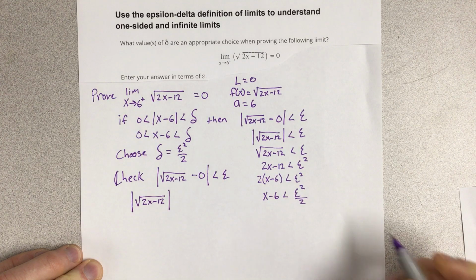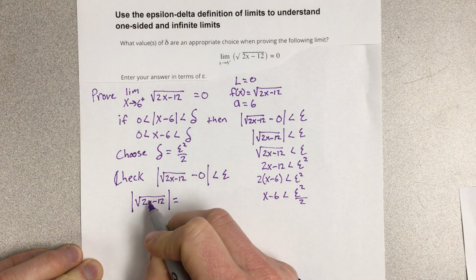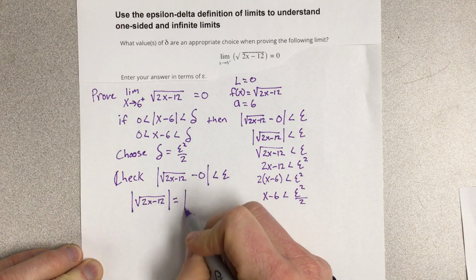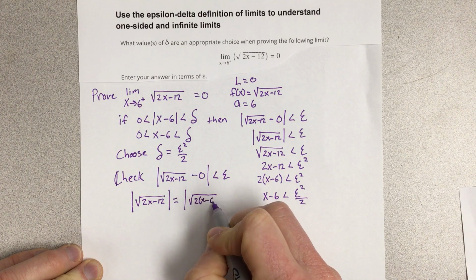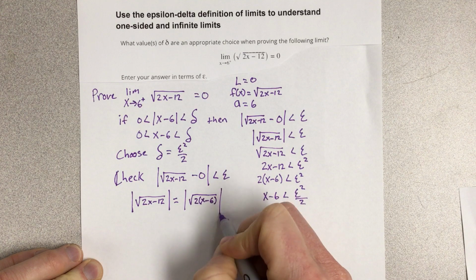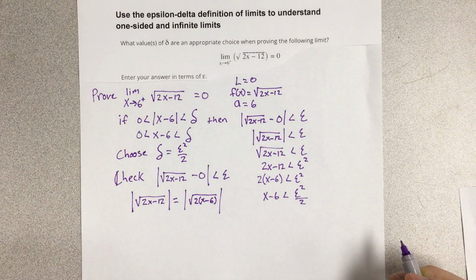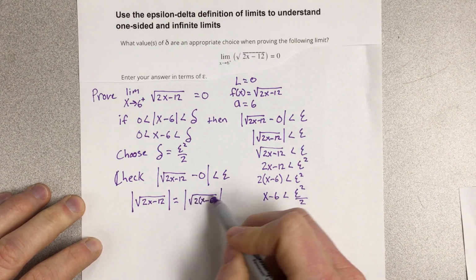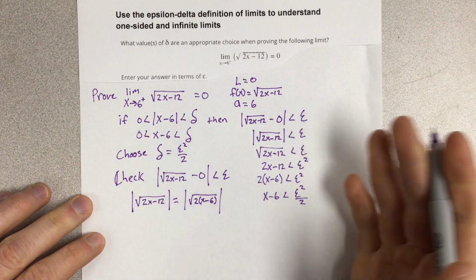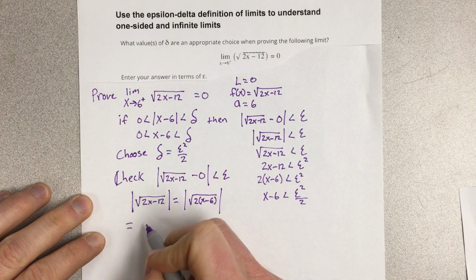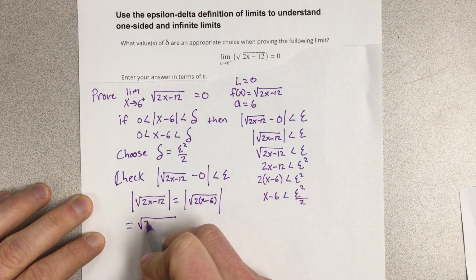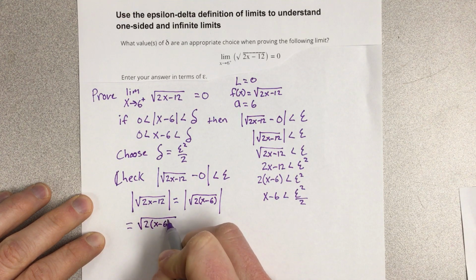If I factor out a 2 there, I get the absolute value of root 2 times x minus 6. If I'm taking the absolute value of a square root, I get a positive no matter what, so I don't need this absolute value sign. So that's really equal to the root of 2 times the quantity x minus 6.